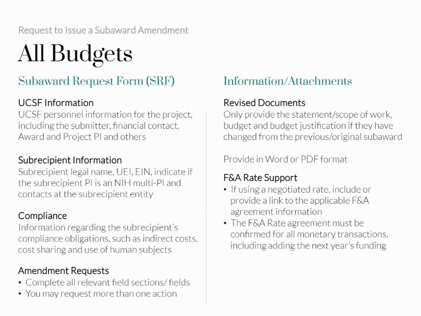Also attach the revised documents. Only provide the documents if they have changed from the previous subaward. Remember to provide all documents in either PDF or Word format. Also provide support for the F&A rate agreement used if applicable, and you can do this in the comment section of the subaward request form.